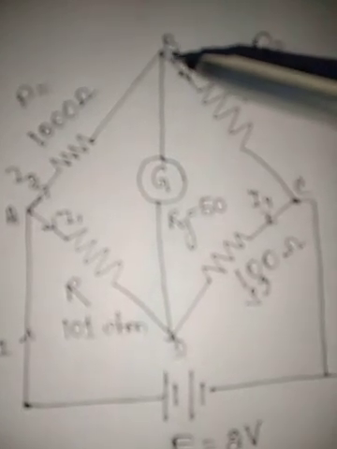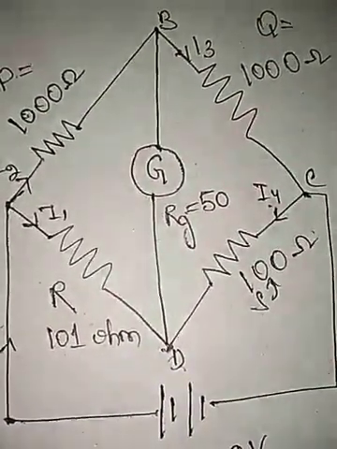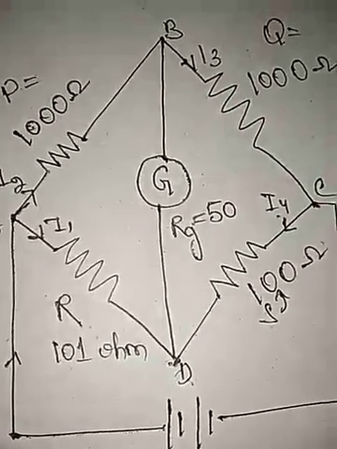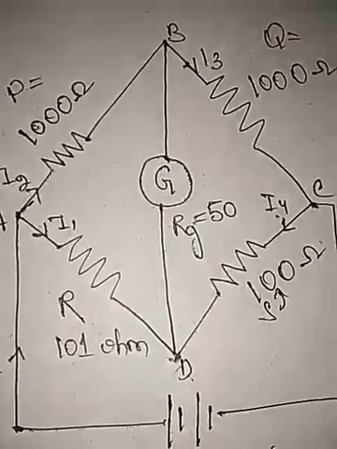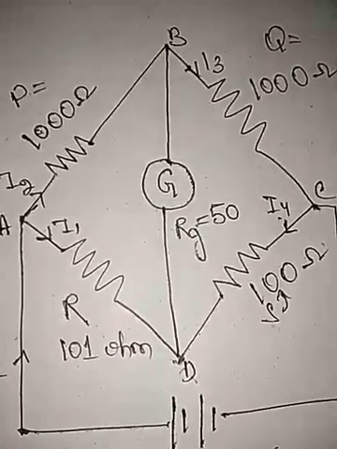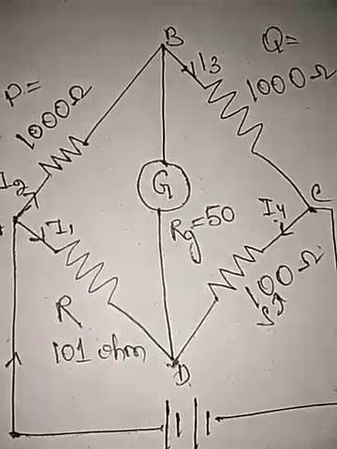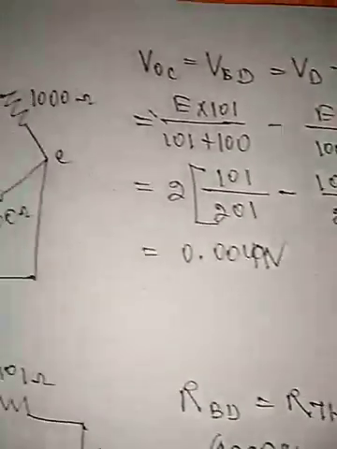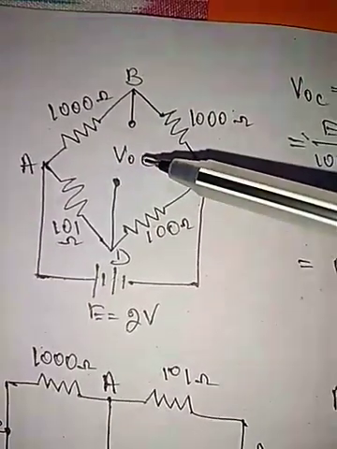Now, as we have to find the potential difference between B and D, and the load here is the galvanometer, you open the galvanometer terminal without changing the other arm resistances and the battery. You just draw it and find VOC.